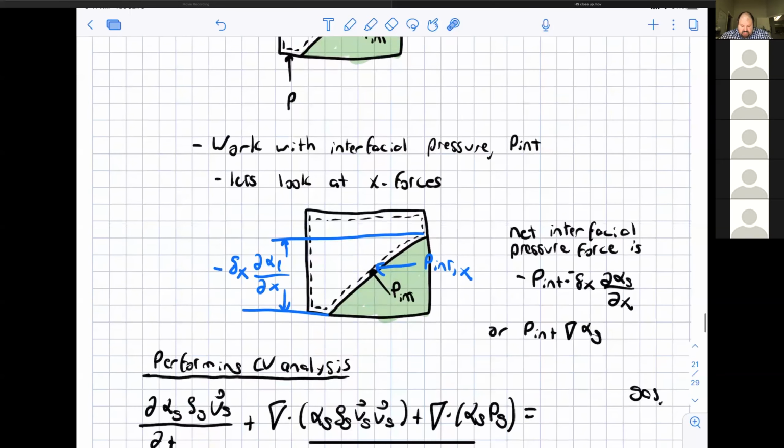But basically we just want the x component of this interfacial pressure force. And to do that, what it turns out to be is the interfacial pressure times this height here. And you can show that that height there is related to the width of the control volume times the gradient in the x direction of the liquid volume fraction here.